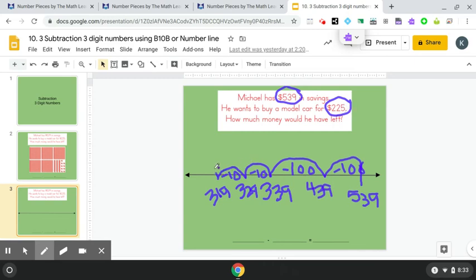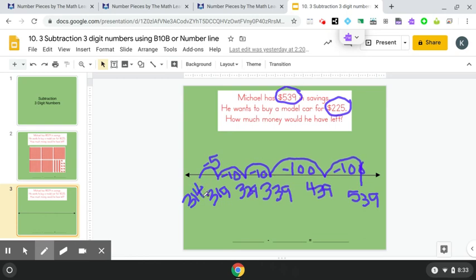So my last jump will be -5, and I am going to label that just above it because it's going to be too squished if I try to label it underneath. And I know that if I have 9 and I take 5 of them away, I have 4 left. So I'll end up at 314.